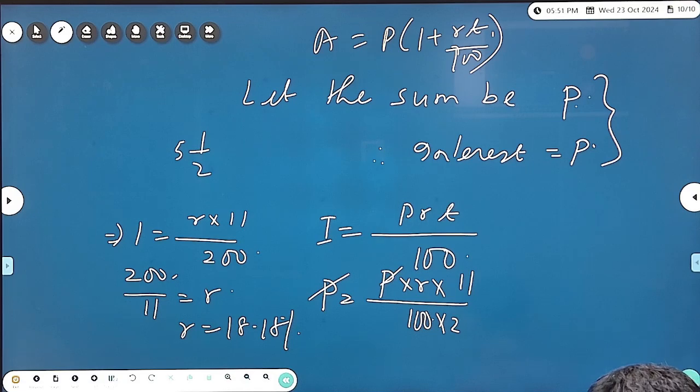Page number 27, illustration 28. Find the compound interest on 1,000 for 4 years at 5% per annum. Have you seen that question? Illustration 28, page number 27.